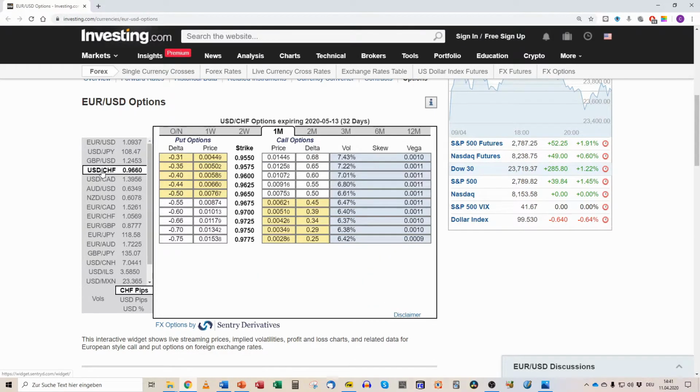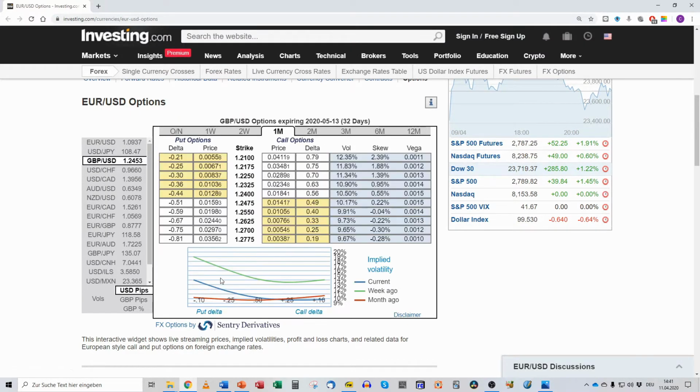If we take a different currency pair, for example US dollars against the Swiss franc, then all the information on the option of course changes because now it's a different currency pair. Let's go back to the pound sterling and the US dollar. Usually in the financial markets, standardized currency pairs are traded.